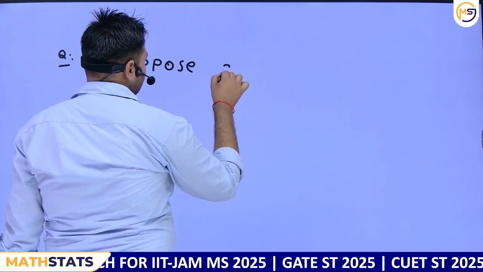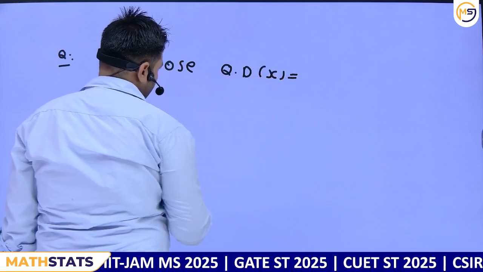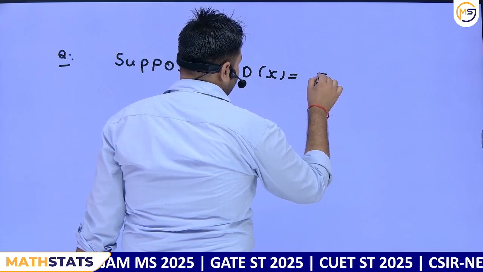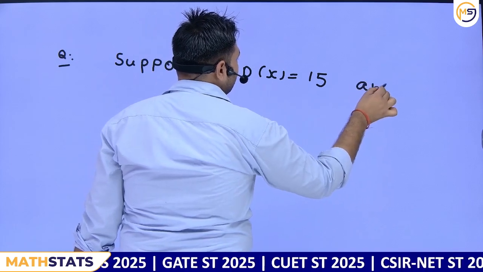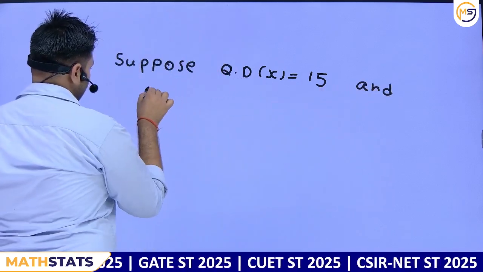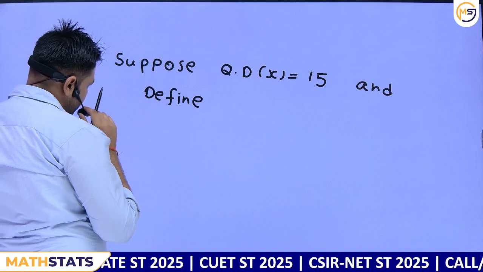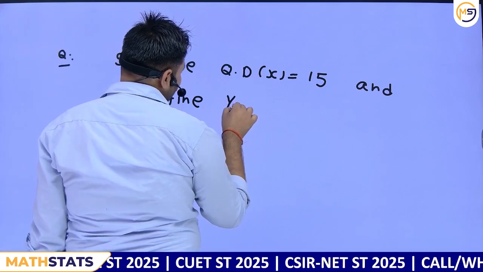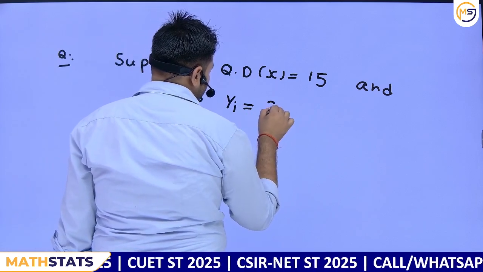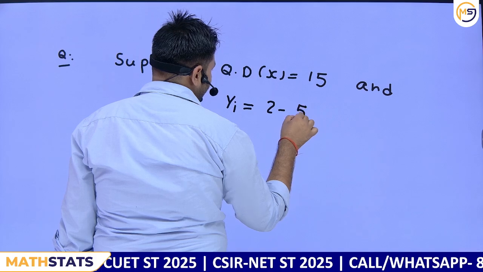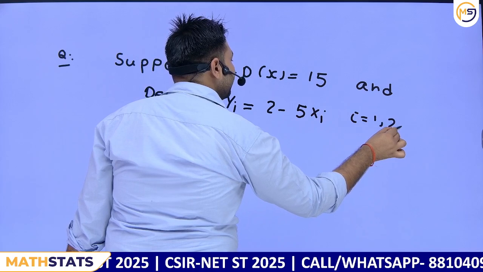Suppose QD of x is equal to 15, and define yi equal to 2 minus 5xi, i equal to 1 to n.